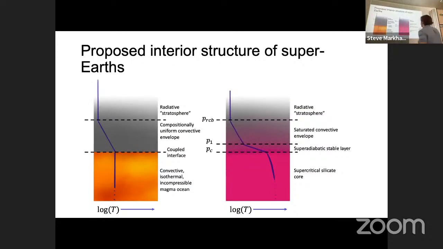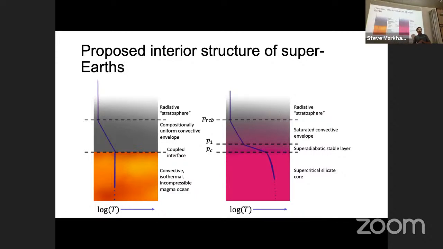So from this, we propose a new model for super-Earths that is particularly relevant to the early stages of their evolution, where we propose a new interior structure. Previously, you assumed that there are two layers to these planets. You have the magma core and the hydrogen-helium envelope.